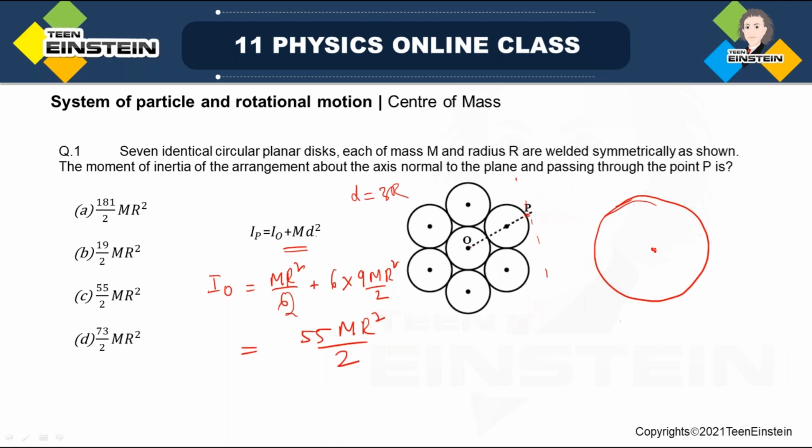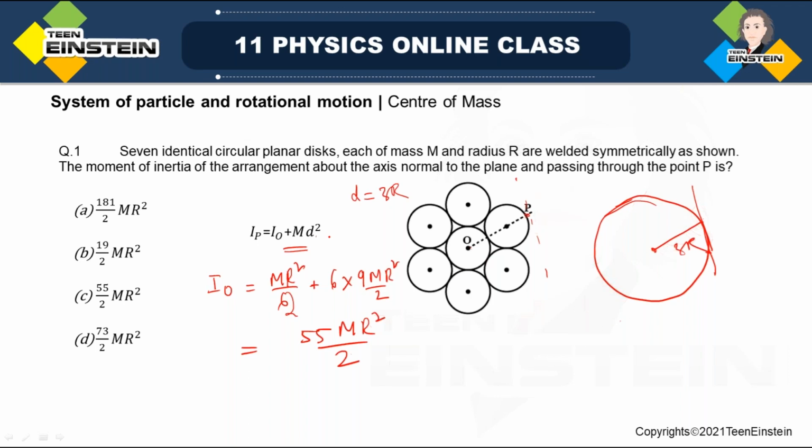From the center, the distance of this point P... actually you should not be thinking for this particular disk, it is for the whole system. So this is 3r, and this is the axis which is perpendicular to the plane, a diameter perpendicular to the plane of this disk.